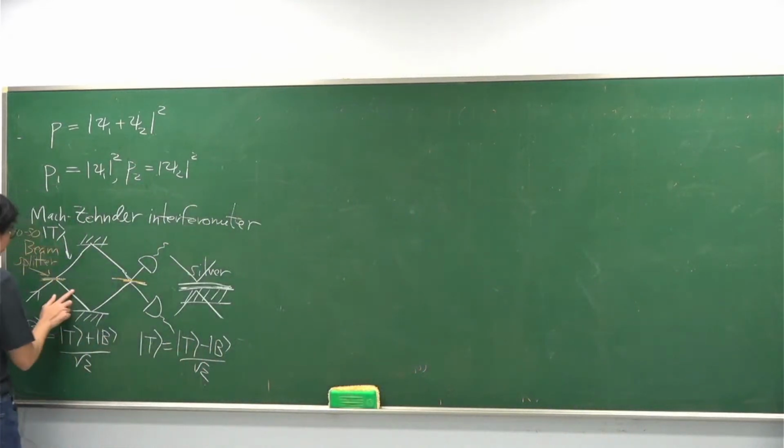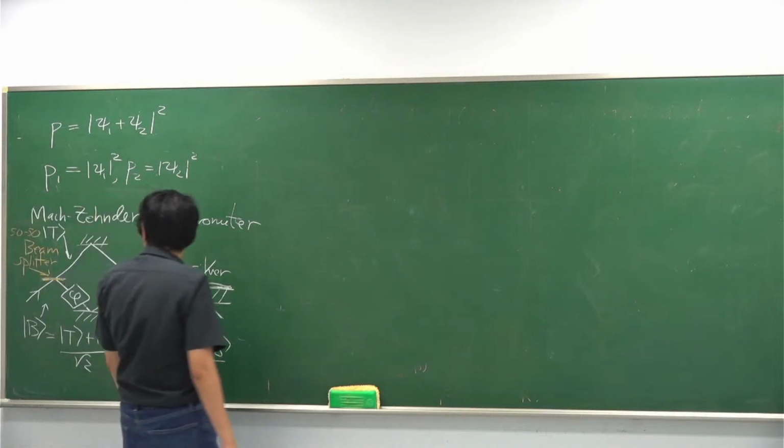And if I put a phase shifter here, this would shift the polarization vector only in the bottom beam.